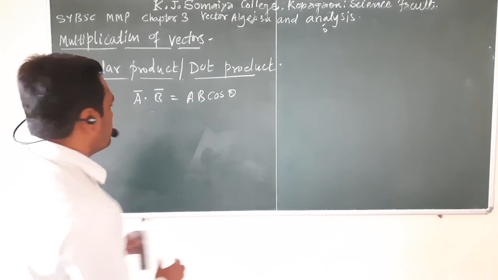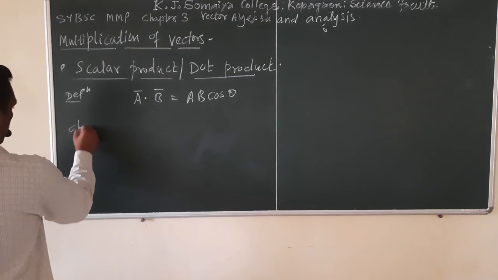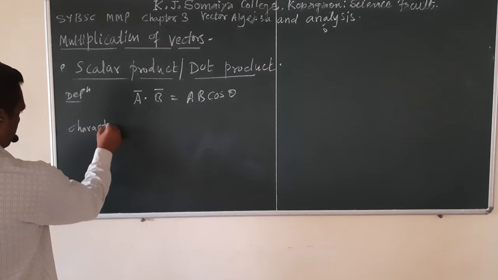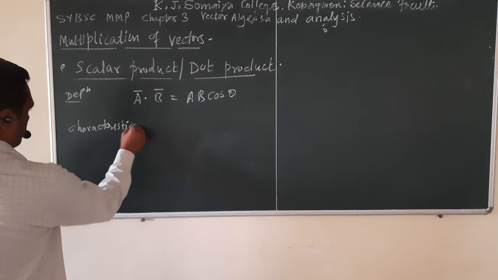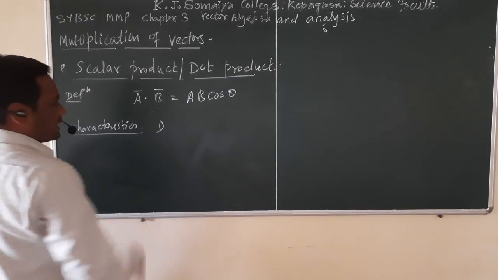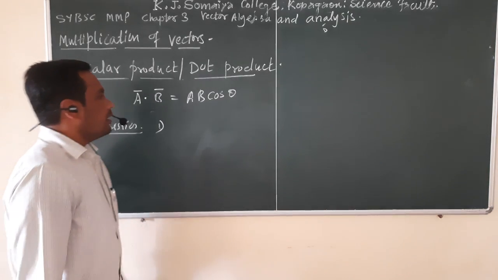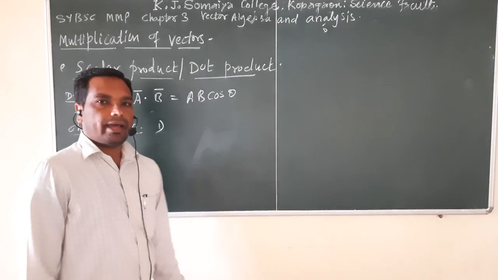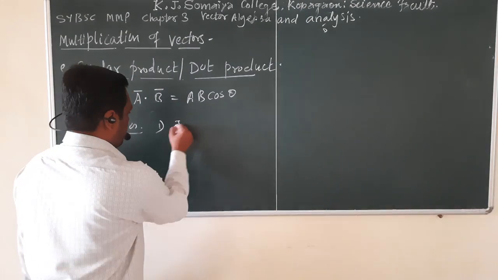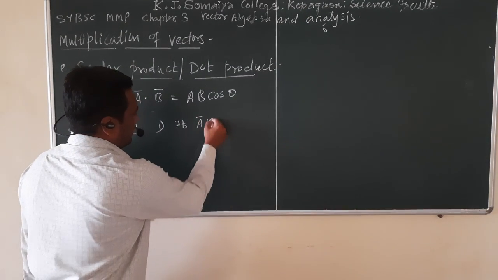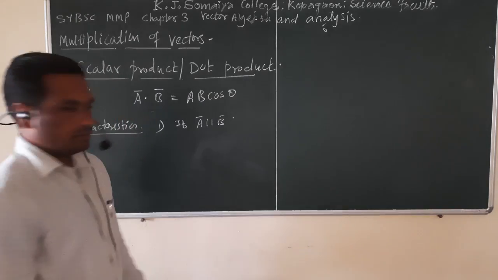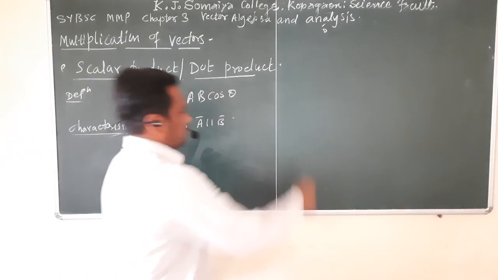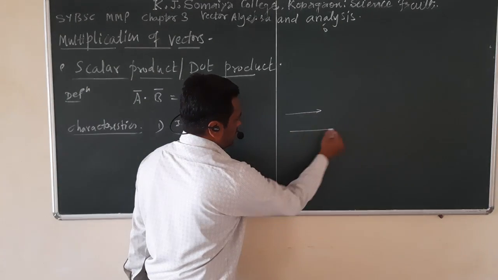Next, the characteristics of dot product. First characteristic: if vector A is parallel to vector B. Parallel means like this.